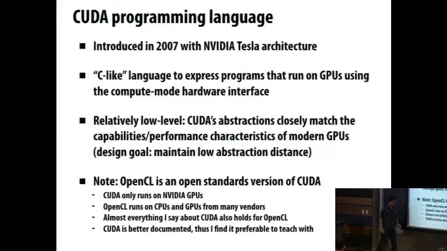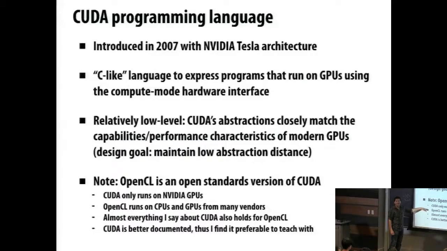Many of you might have heard of a system called OpenCL. OpenCL is the open standards version of CUDA. CUDA only runs on NVIDIA GPUs. In this class, I will teach you and have you write in CUDA and not OpenCL because it's a little bit easier to use and better documented. So you'll be happier using CUDA, even though everything we say in this class conceptually has a one-to-one mapping into OpenCL, which means you could run these programs on Intel or AMD or other GPUs out there in the world as well.